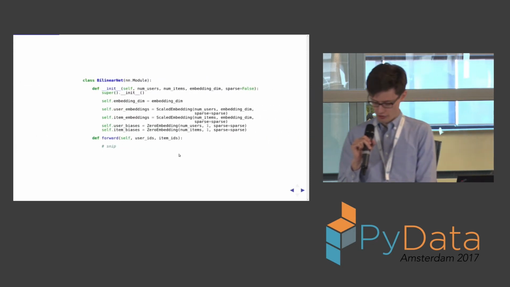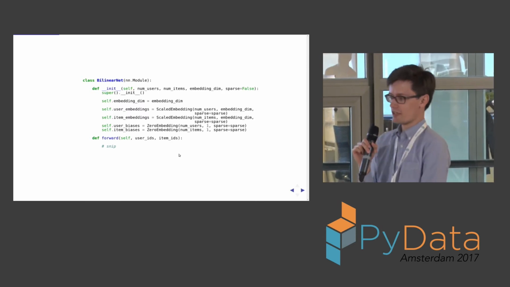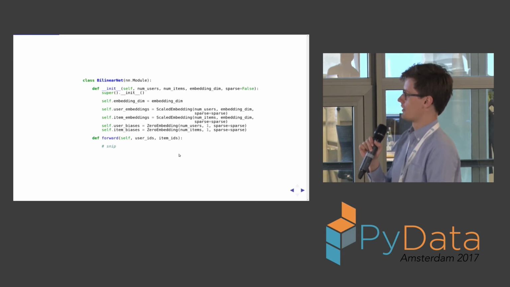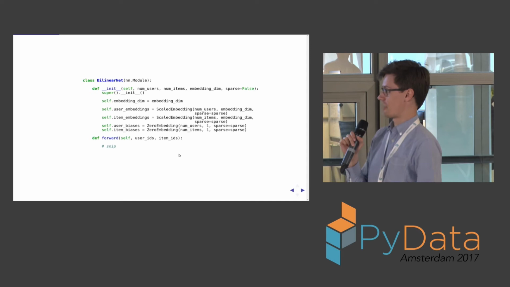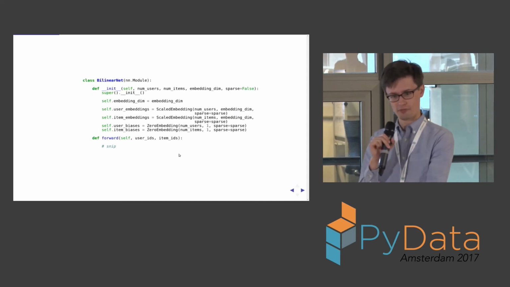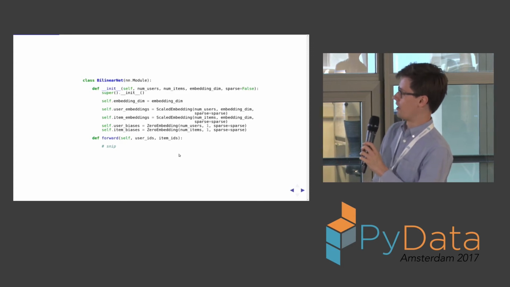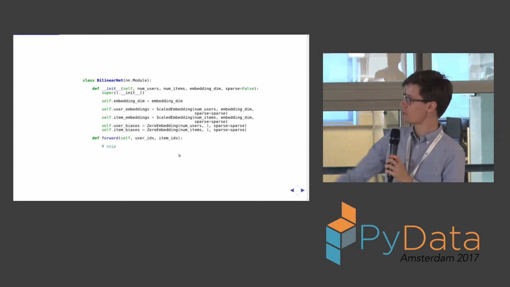In PyTorch, you might do something like this. The way you define a network in PyTorch is you define a class which inherits from nn.Module, and then you define the layers that are in your model, and after that's finished, you put it through an optimizer and do backpropagation. In this case, we define the embedding dimension, which is the latent dimension of the vectors that you use.